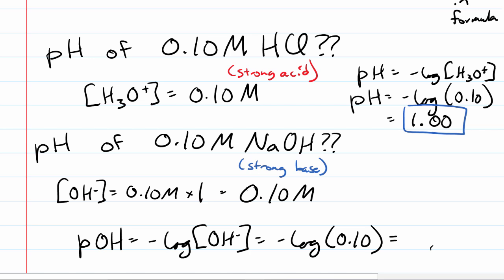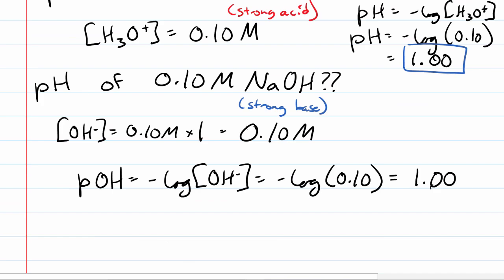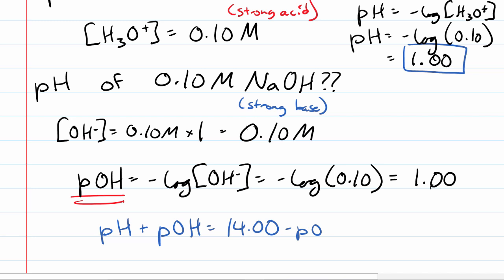The answer to that is 1.00. But remember now that this here is the pOH. If we want to find the pH, remember that the pH and the pOH sum to be 14.00.